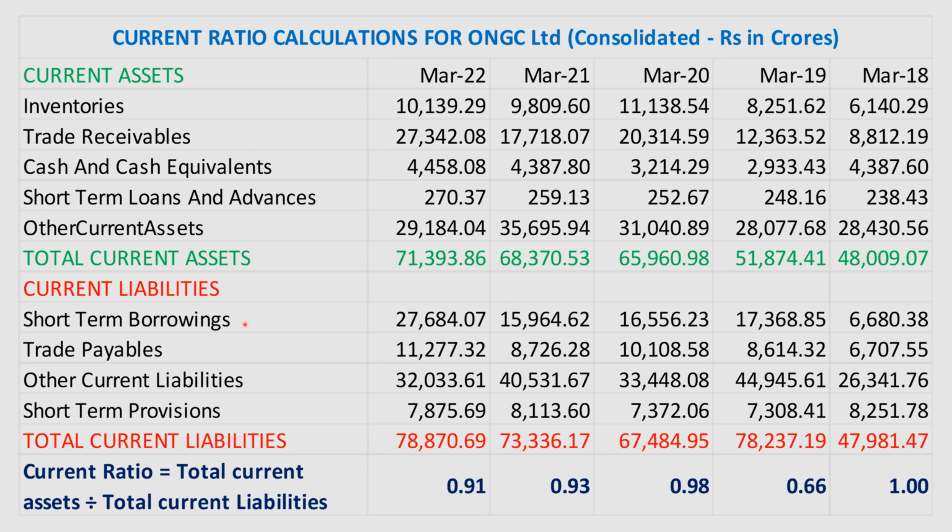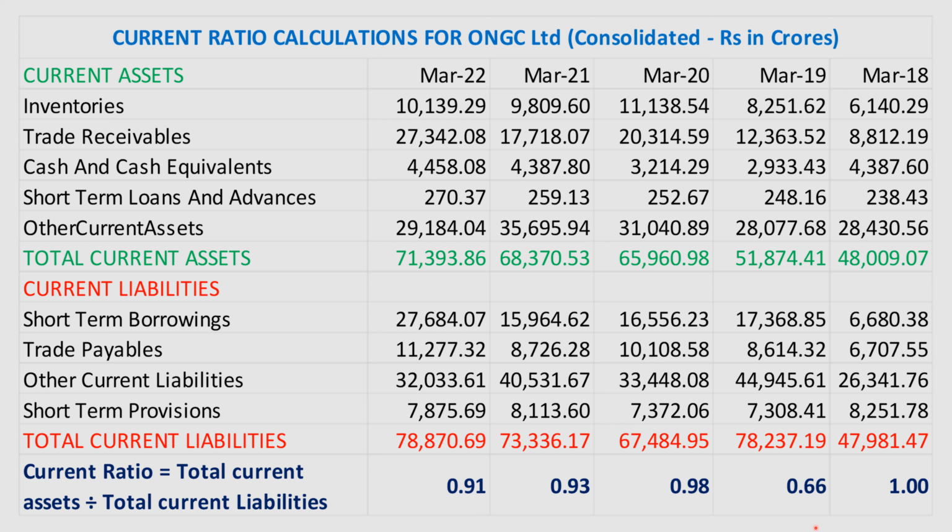Similarly, the current liabilities, short-term borrowings, trade payables, other current liabilities, and short-term provisions are given as various current liabilities, and the total is given here. Current assets divided by current liabilities gives you the current ratio. So the calculated current ratio for the periods 2018, 19, 20, 21, 22 is presented here.